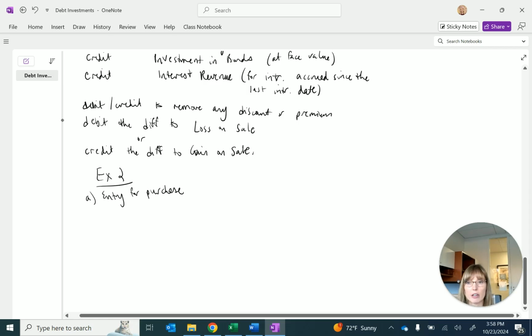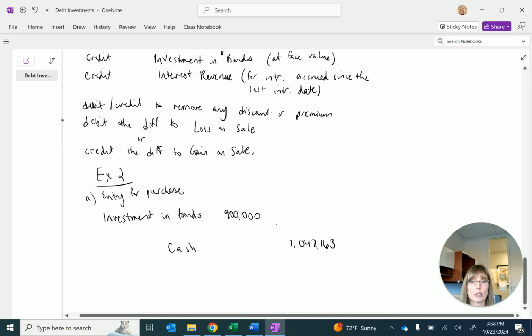We're going to debit the account investment in bonds. Record this account at the face value, which is 900,000. Skip a line. We give up cash, so we credit cash at the selling price, 1,047,163.